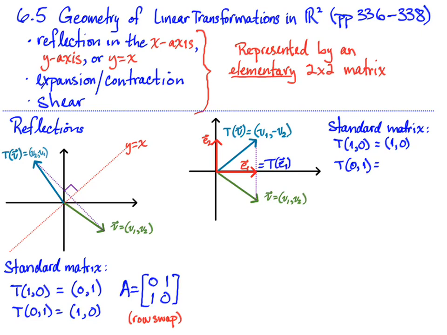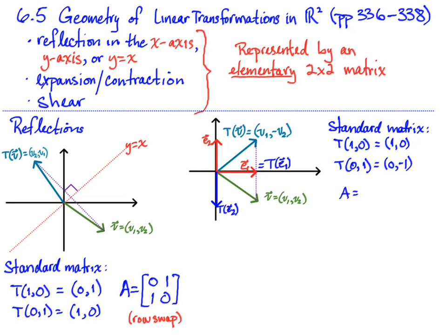And the other standard basis vector is E2. The components are 0, 1. That's sitting on the y-axis. If we reflect that across the x-axis, we get the new vector, T of E2, which does change. It is different. It's 0, negative 1. So we've just multiplied the second component by negative 1.